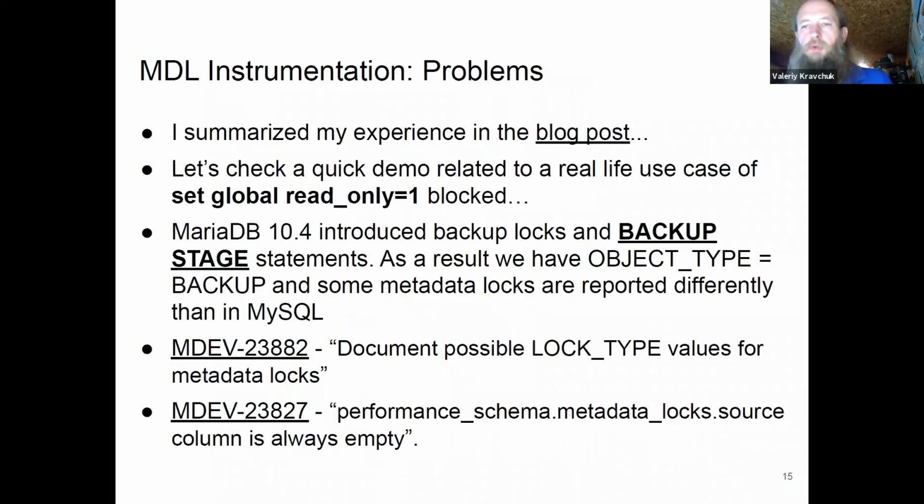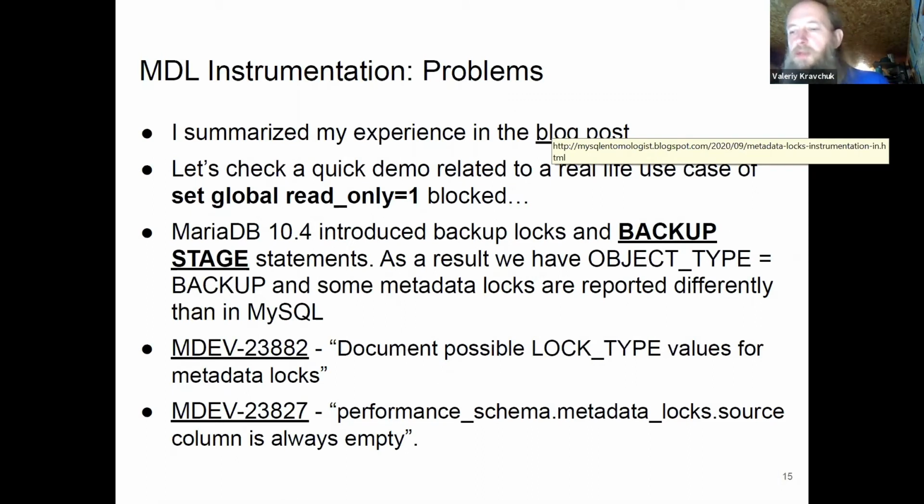Again, I'm not going to present all the details about the metadata locks, all kinds of the metadata locks. It's all similar, but not entirely. So I will concentrate on the differences and problems with metadata locks instrumentation in case of MariaDB 10.5. The most important thing is, and I studied it in the blog post in details, there are different new types of metadata locks in MariaDB related to backup stages and backup locks in general.